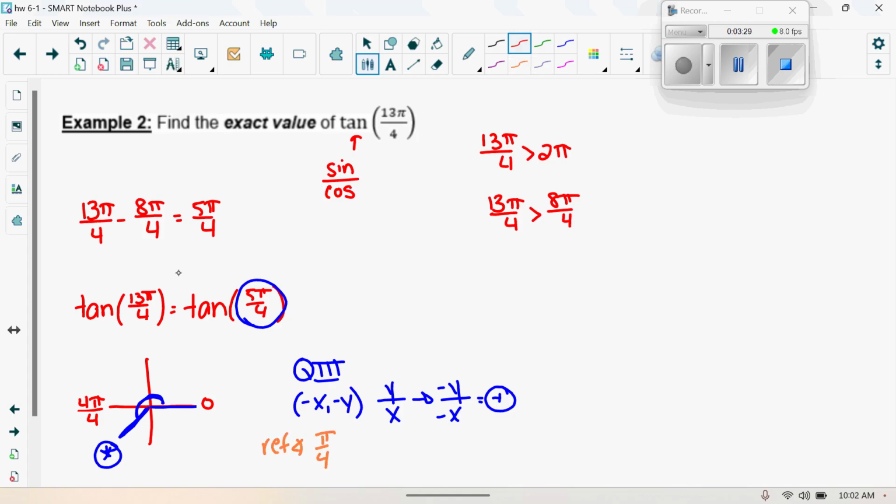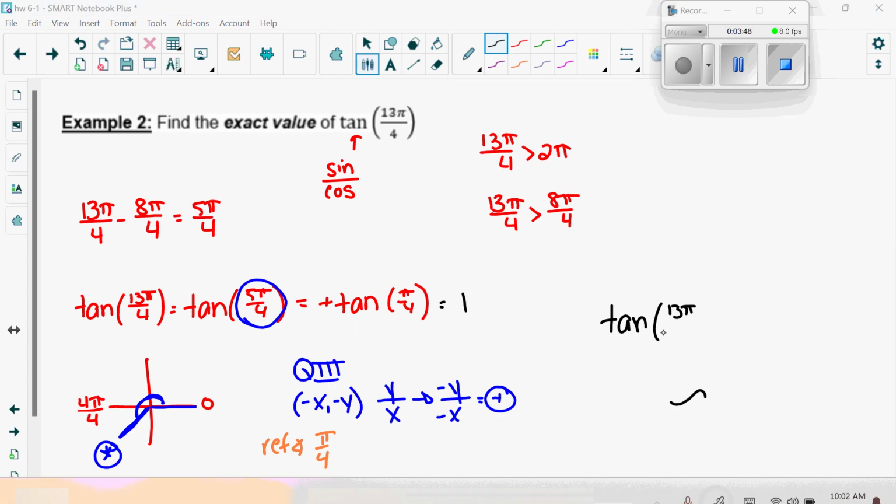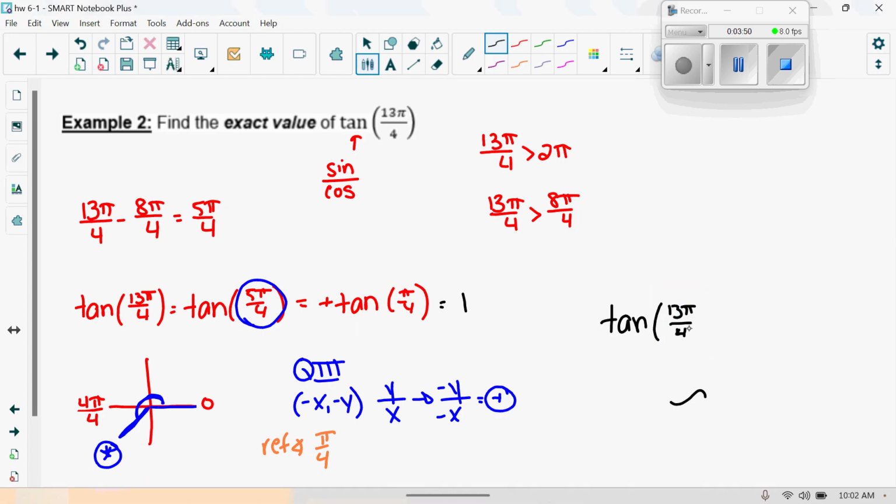So this is equivalent to positive tangent of pi over 4. Hopefully you have your exact values memorized and you know that this is equal to 1. So the tangent of 13 pi over 4 is equal to 1.